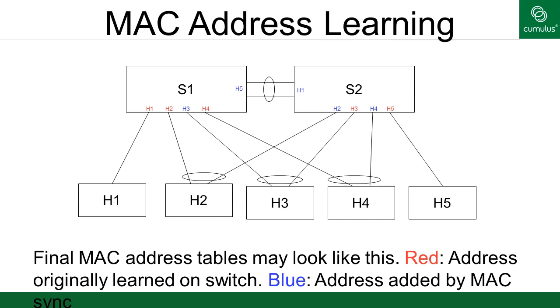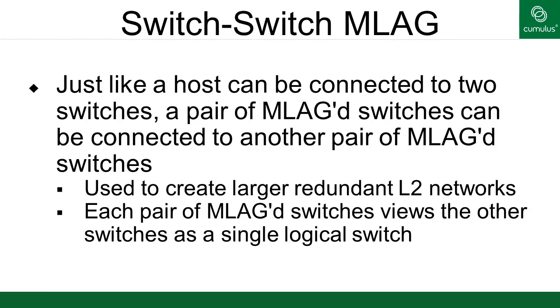All right, now I've been talking about the example that I used at the beginning where you have two top-of-rack switches which form an MLAG and act as a single switch connected down to a bunch of servers. But that's not all you can do with MLAG. As a matter of fact, one of the things you can do is switch-to-switch MLAG.